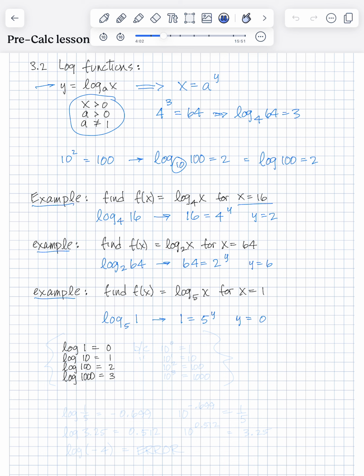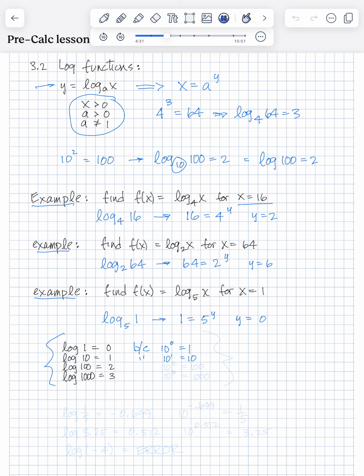Okay, let's look at some common logs. These are all common logs because they're base 10. So log of 1 is 0, because 10 to the 0 equals 1. Log 10 equals 1 because 10 to the 1 equals 10.